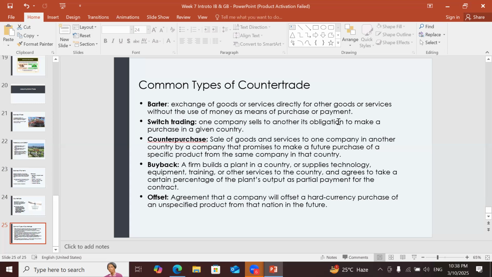This situation is called a merger when it takes over everything, assets and liabilities. And when it takes over only the obligation, that is called Swiss trading. Swiss trading is one kind of facility provided to continue or run the business. This is the actual meaning.